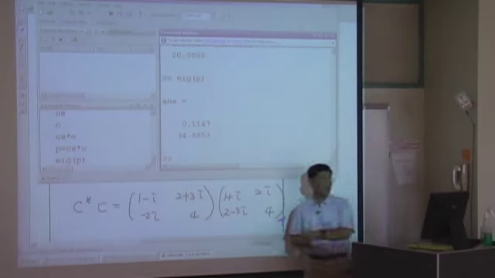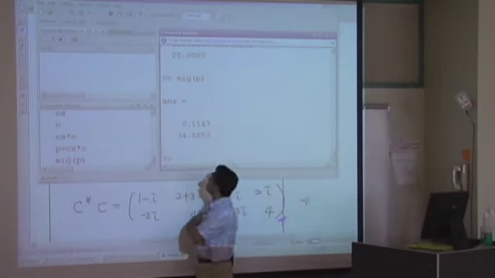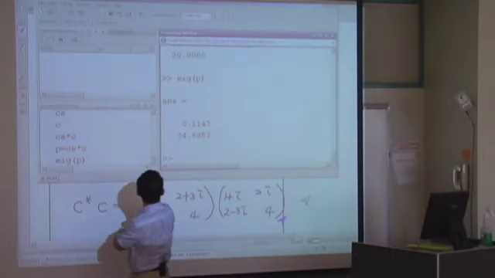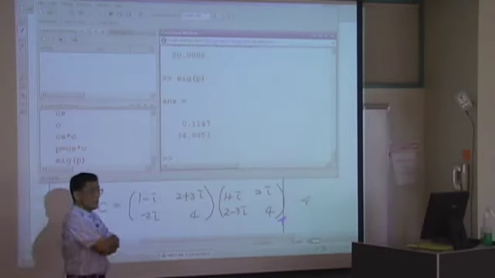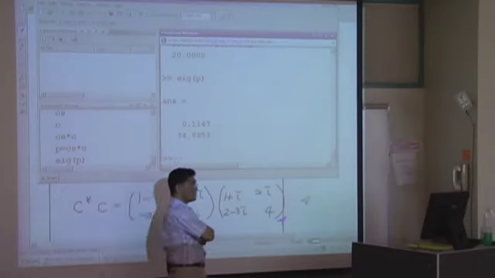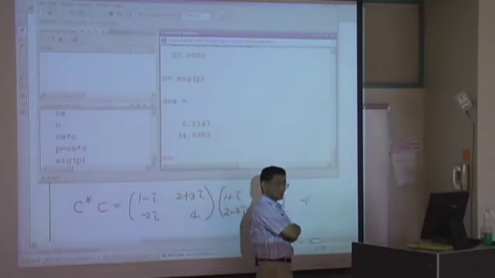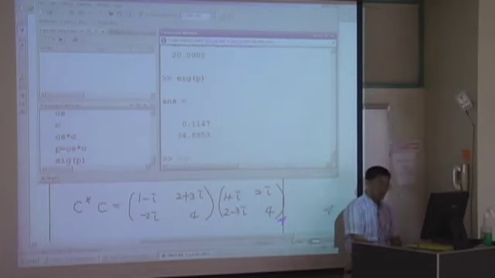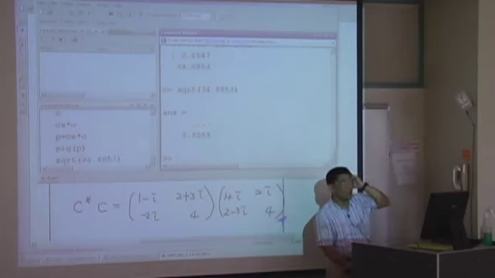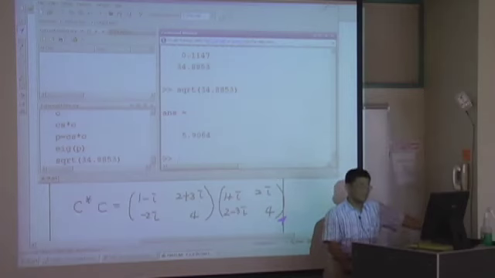There are two eigenvalues: 0.1147 and 34. What is the maximum of the two? 34 point something. Because of the definition, we take the square root of this value: 34.8853. This is the norm of the given matrix C.